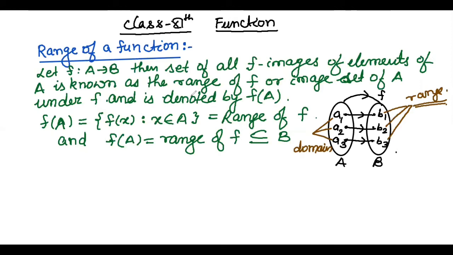Basically we'll define it as f of A, and mathematically we can write it as f(x) such that x belongs to A, and this is called range of the function f. And always range of the function f is a subset of set B, the second set. So this is the general definition of a range.